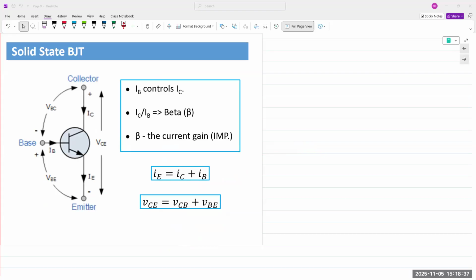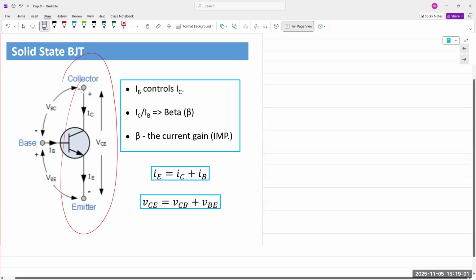All right, so here's in terms of symbol. You have VCE, VBC, and VBE. You have IC, IE, and IB. Essentially, what is happening is you're applying a voltage between the collector and emitter, right? As I said, VCC, applying between emitter and collector. And so current should be flowing from the collector to the emitter.